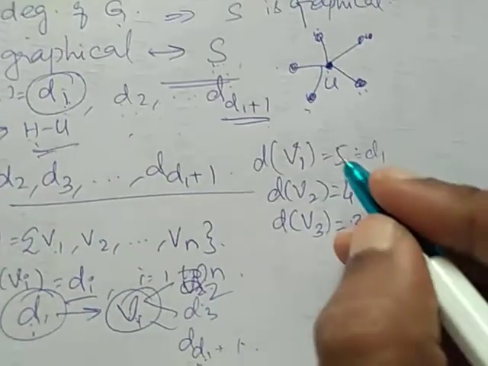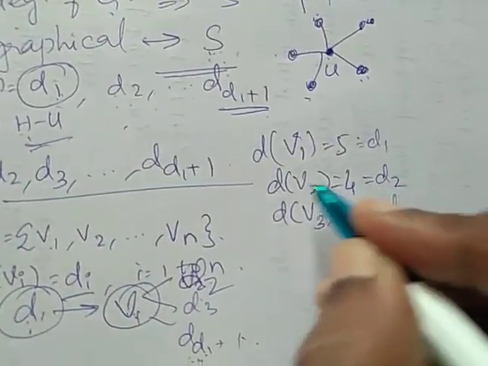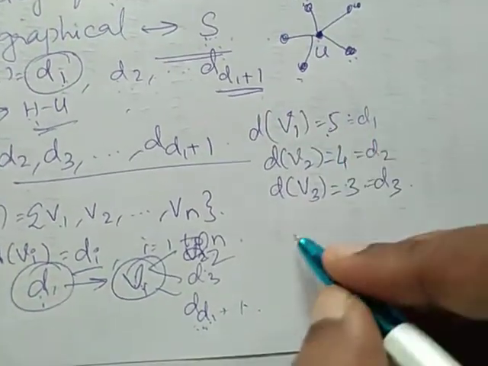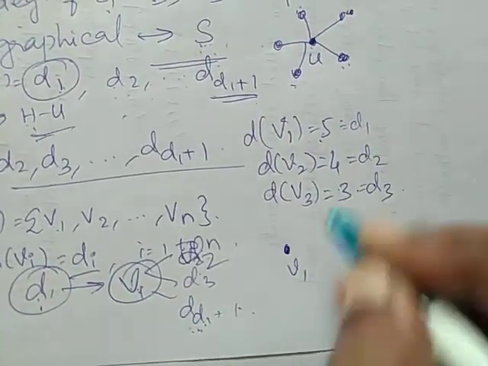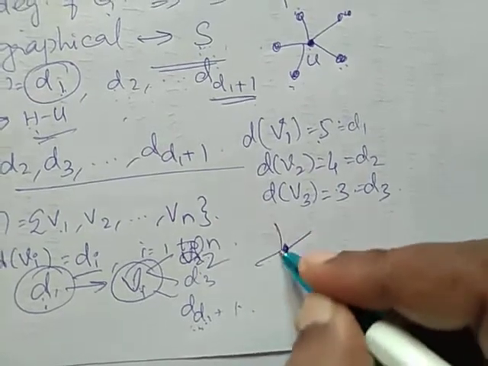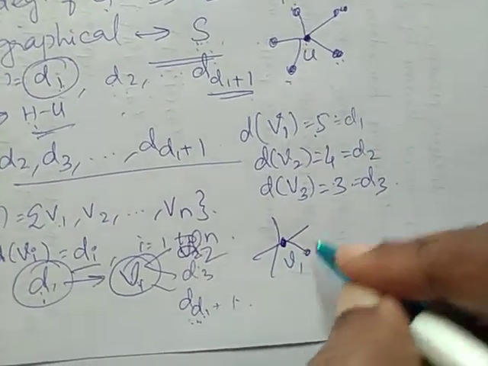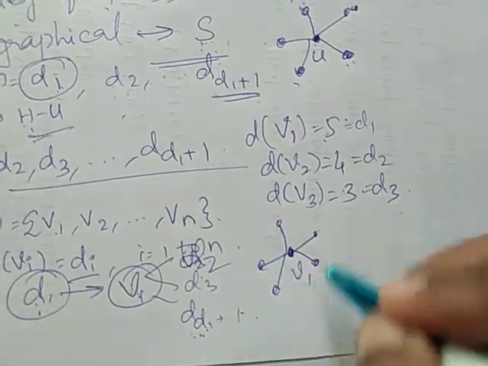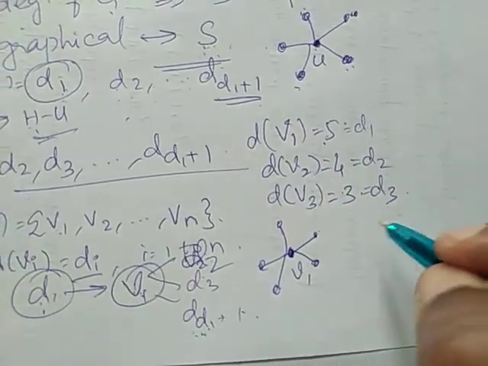In the first case, if the vertex of degree 5 is adjacent to V2, V3, V4, etc., this theorem is satisfied. But now the degree of V1 is 5. It means it is adjacent to 5 vertices. Now, these 5 vertices are not V2, V3, V4, V5.